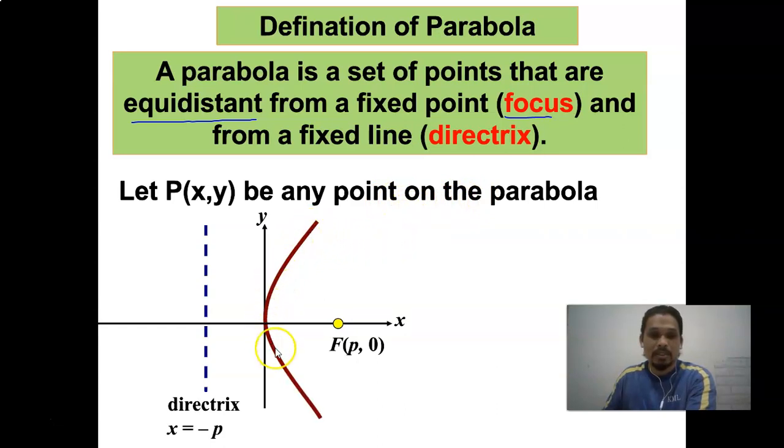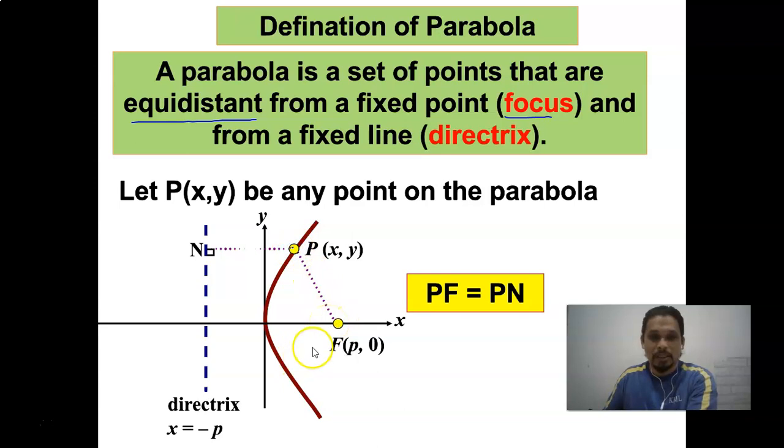So this red ink is a picture of the parabola here, and P is any point on the parabola. Okay, so the distance from P to the line of the directrix and the distance from P to F are equal.